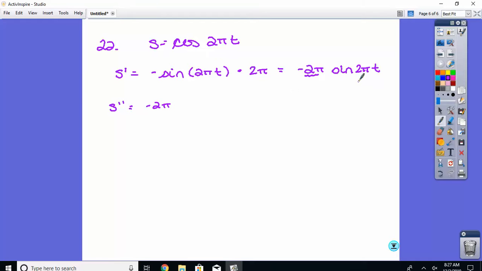What's the derivative of sine? Derivative of sine is cosine, angle stays the same, times derivative of the inside, which is 2 pi. So then if we multiply those, negative 2 pi times positive 2 pi, negative 4 pi squared.